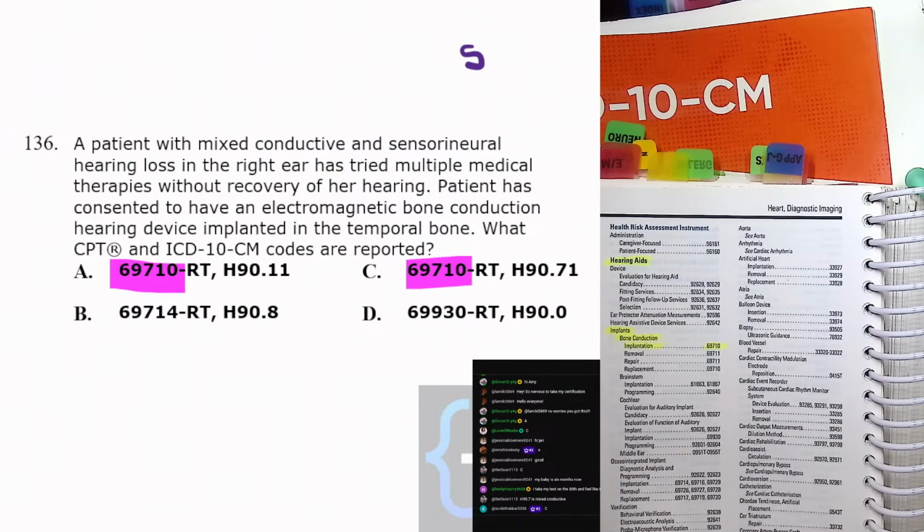They just want to know if you know the difference between H90.1 and an H90.7. There's something going on with that diagnosis. They want to know if you know that difference. What do you guys think is your correct answer?